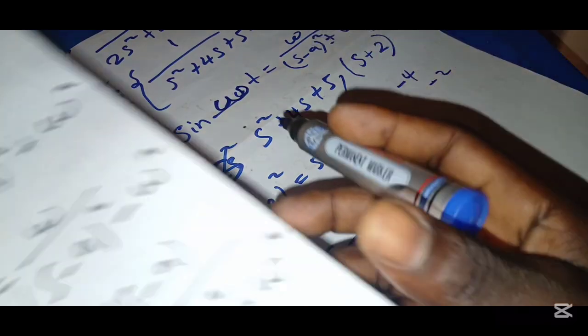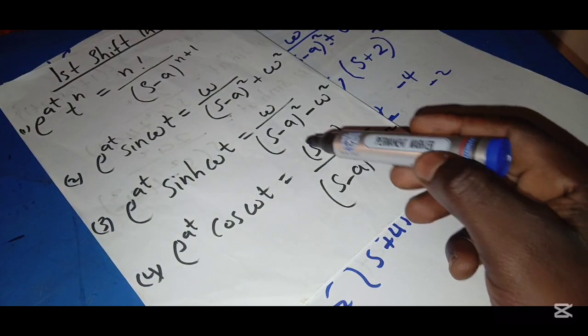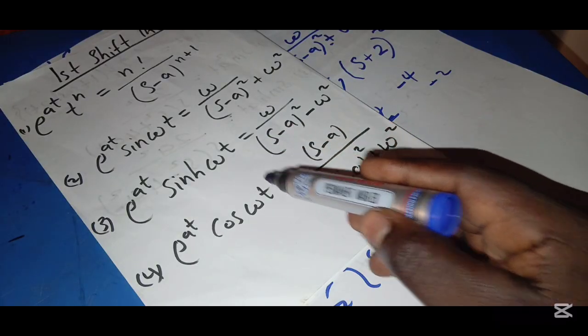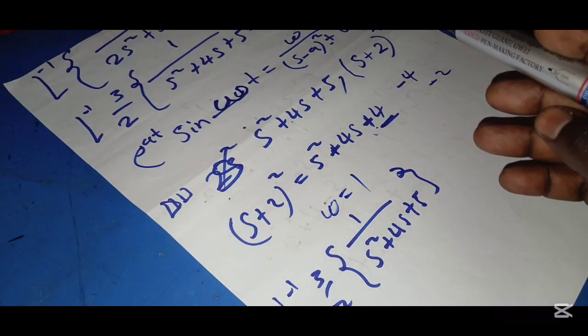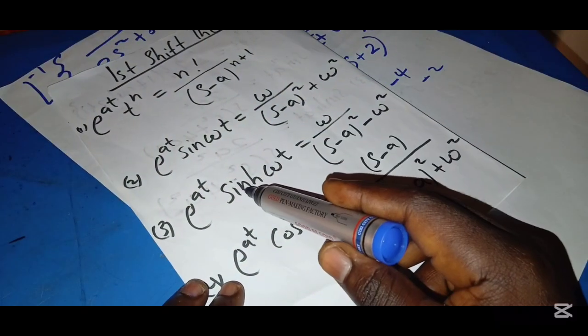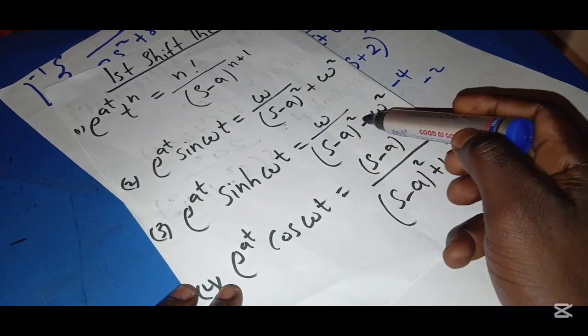If my w was negative, then with a sine function, it would be sinh, so that this side here will be negative.